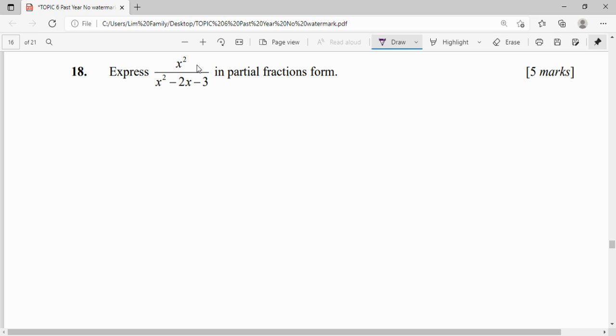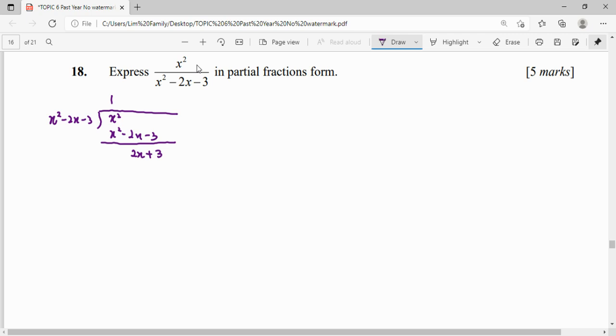So we take the polynomial x squared and divide it by its divisor, x squared minus 2x minus 3. The multiplier we need here is 1, and we will have a remainder of 2x plus 3.